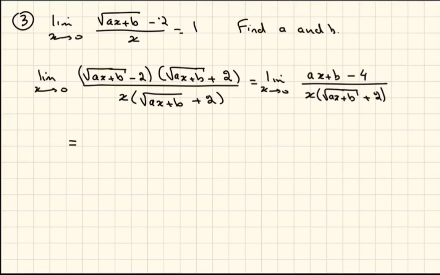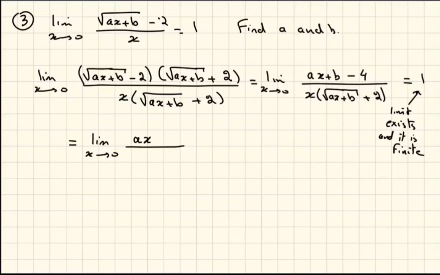Now I'm gonna do the following. Because I know that my answer is gonna be 1, it means the limit of this exists. So because it's equal to 1, it means the limit exists and it is equal to a number. It is finite. So it's not infinity. Now I'm gonna separate this in this way.